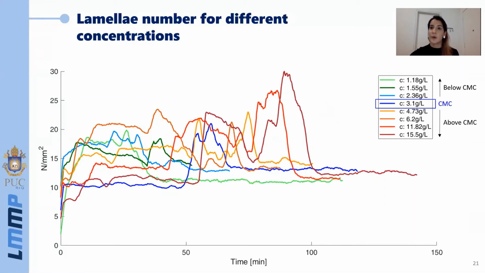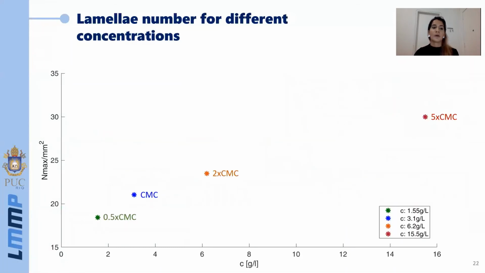But at the end, when we reach the steady state condition, we have almost the same values for all cases. Comparing relative to the CMC, at half CMC, at the CMC, 2 and 5 times the CMC, we can see that the maximum number of lamellae increases with concentration.